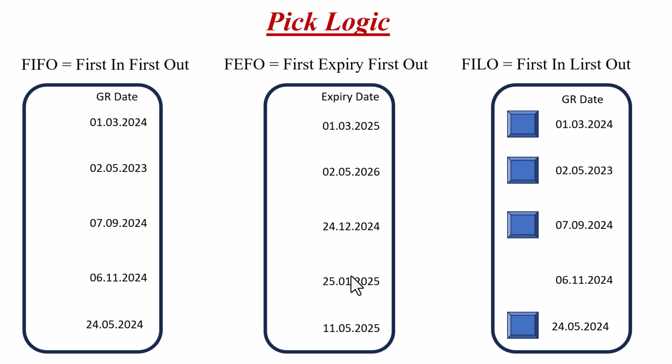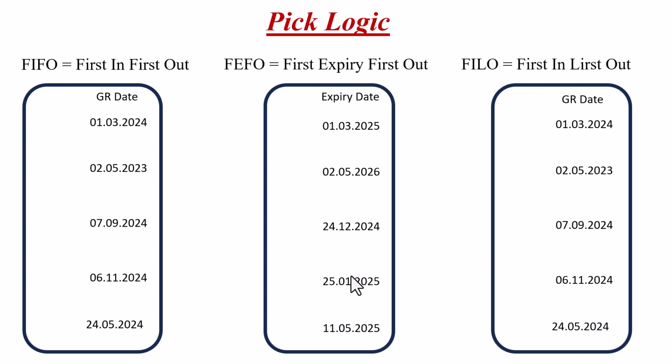The next one we have stored, the system will pick automatically if we maintain those strategies. The system will pick this one. So we received one in the ninth month, and in the fifth month the last product was received. The system will pick that one, and this one, and this one. This is how exactly first in last out works.